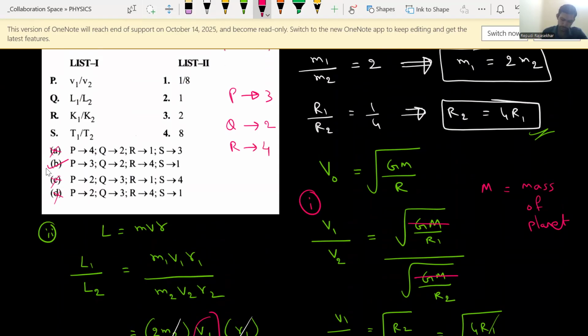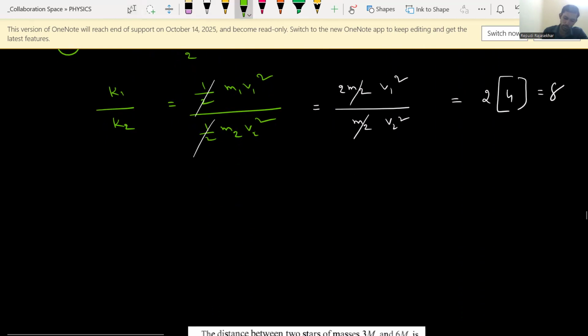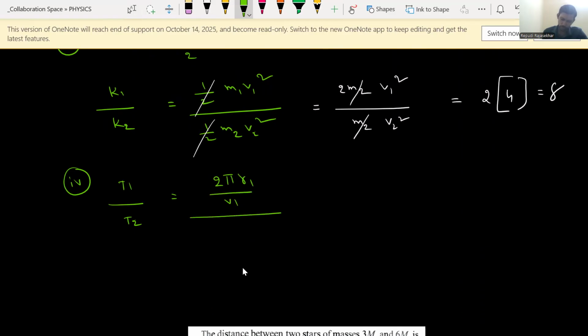That means 4. Next, the last one, time period, T1 by T2, the fourth one. I think you can do this one. So T1 by T2 equals, I just write the equation, you just simplify, 2 pi R1 divided by V1 whole, divided by 2 pi R2 divided by V2 whole. Here the 2 pi value gets cancelled, so we can write this equation as R1 V2 divided by R2 V1.